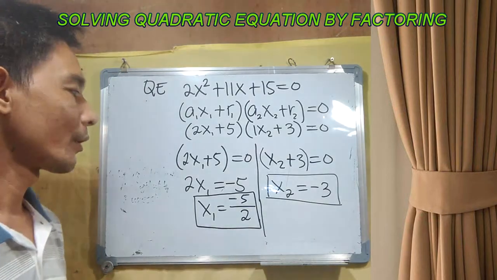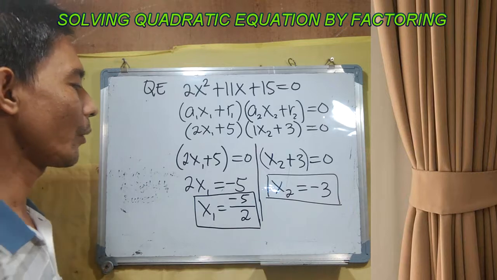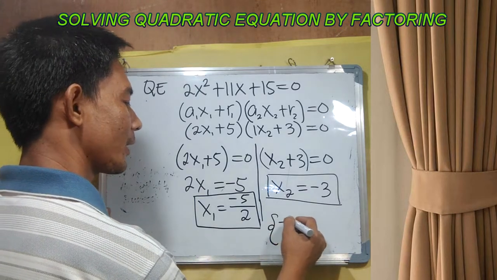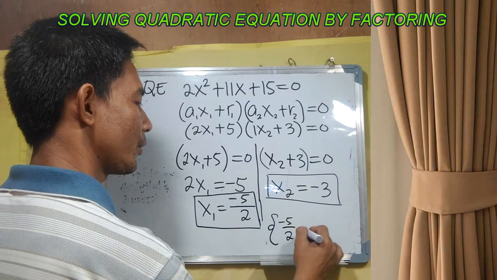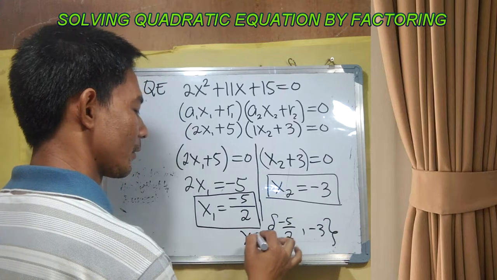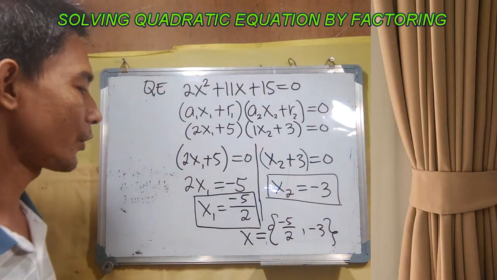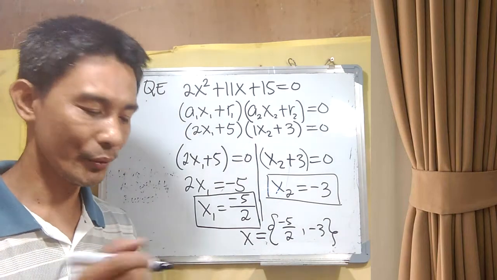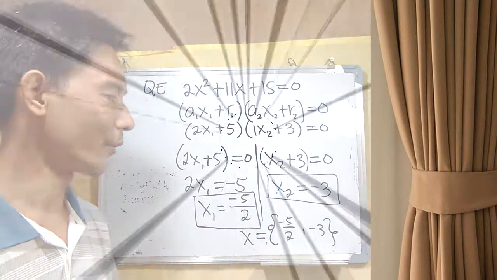Okay, so the solution set of our quadratic equation becomes negative 5 over 2, negative 3. So the solutions, the values of x. So there are two values of x.